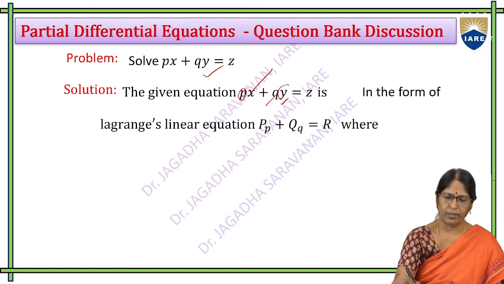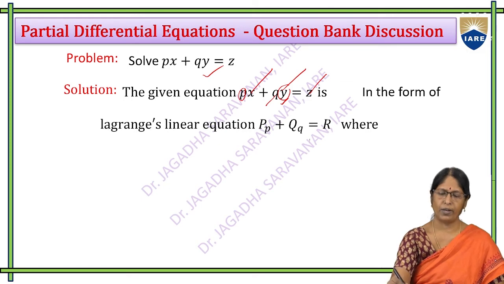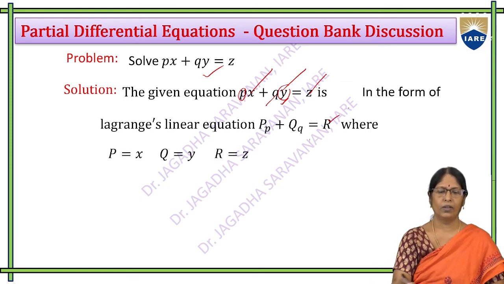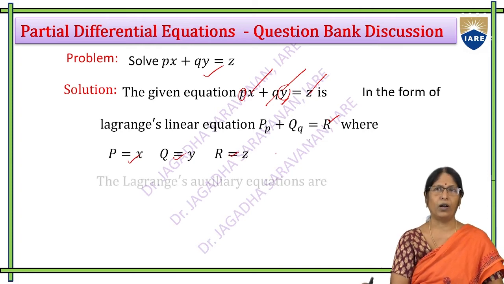Then this is capital Q. And z is occupying the position of capital R. So we have written what capital P, Q, and R are.